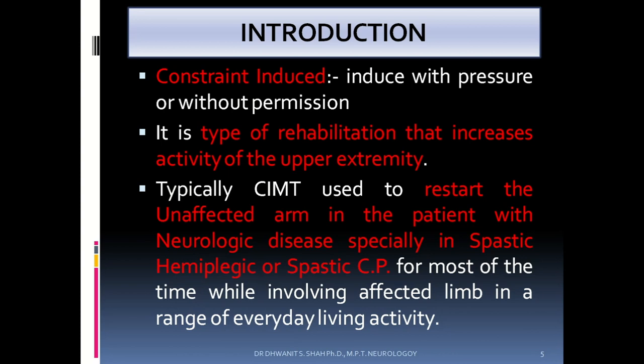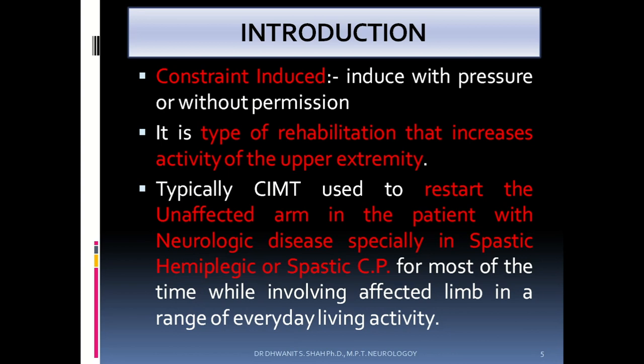It means induced with pressure or without permission, because no patient wants to be in this frustration, because they are not allowed to use the unaffected side for most activities during waking time. So it is really frustrating for the patient. We don't have to take permission because the patient won't give permission if you ask them for this therapy.